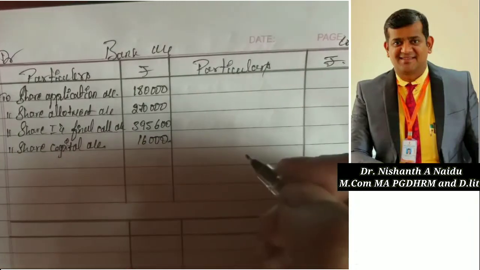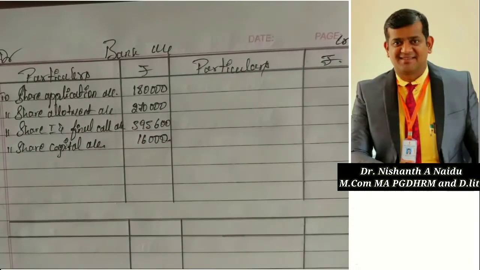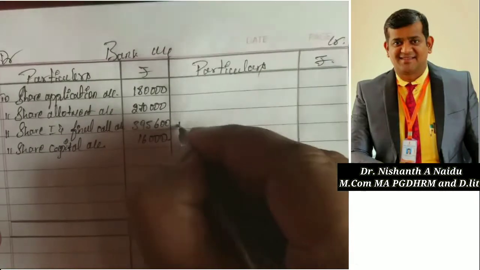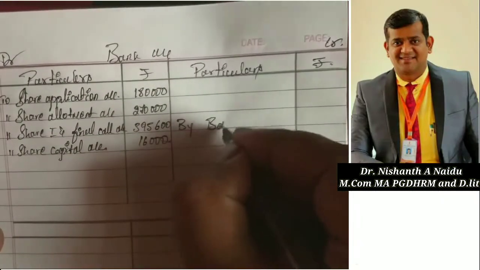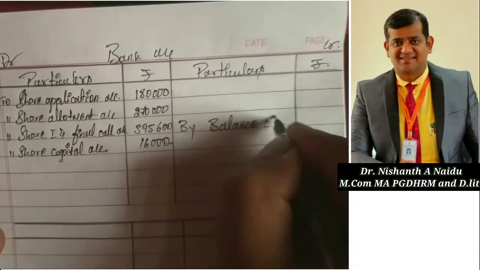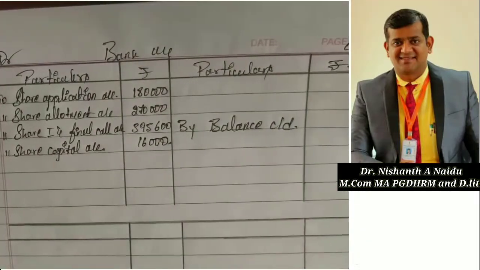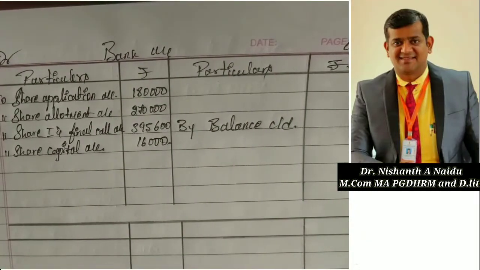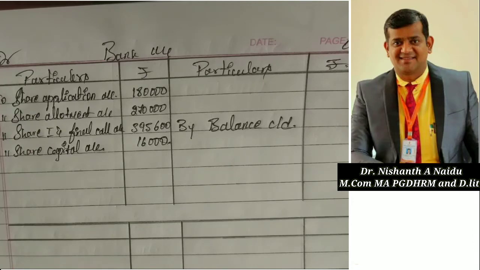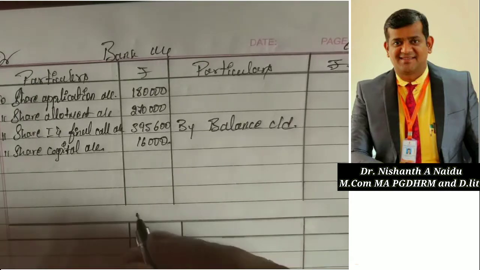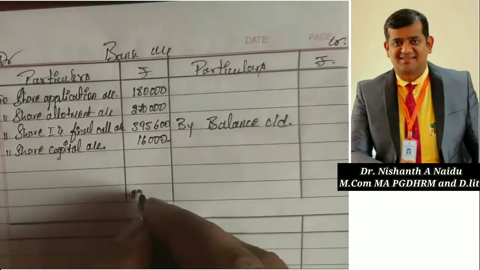Okay, since it is an under-subscription problem, we have not done any repayments, so directly balance carried down. First we have to do the total of this. Let us do it. 1,80,000 plus 2,70,000 plus 3,95,600 plus 16,000. That comes to 8,61,600.